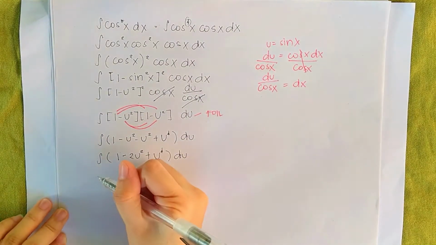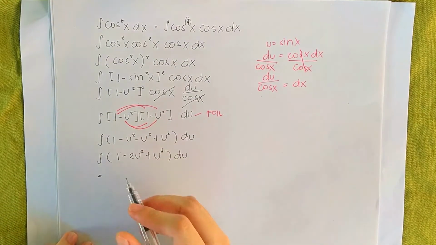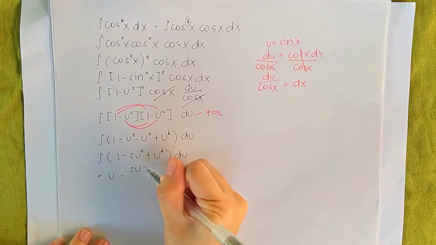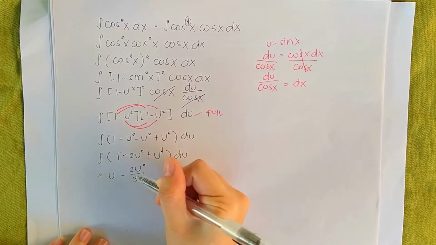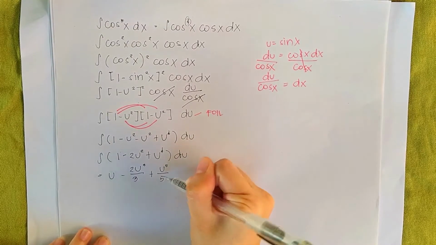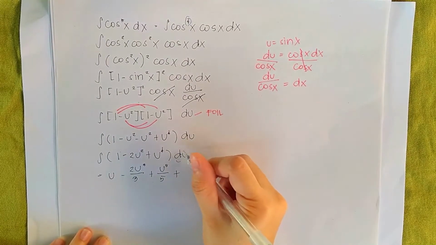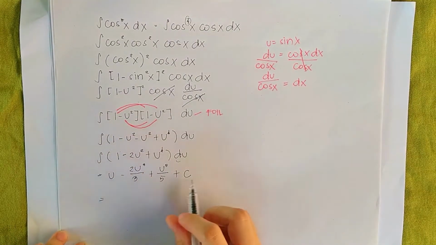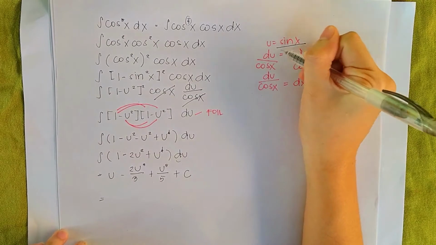So now we can get the antiderivative of this. So 1 is simply u minus 2u cubed over 3 plus u raised to 5 over 5 plus c. So to get the final answer, we need to substitute the value of u, which is sine x.